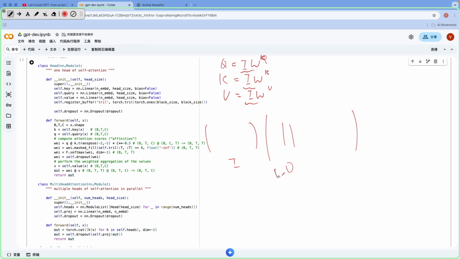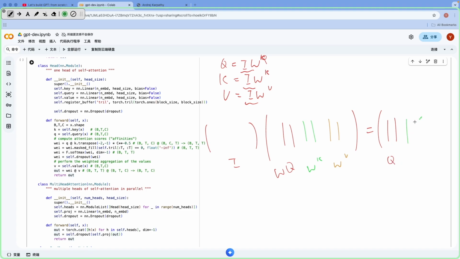The first is the weight matrix of Q. The second is the weight matrix of K. And the third is the weight matrix of V. The result, like I talked about before, the first part is only relevant to the WQ.